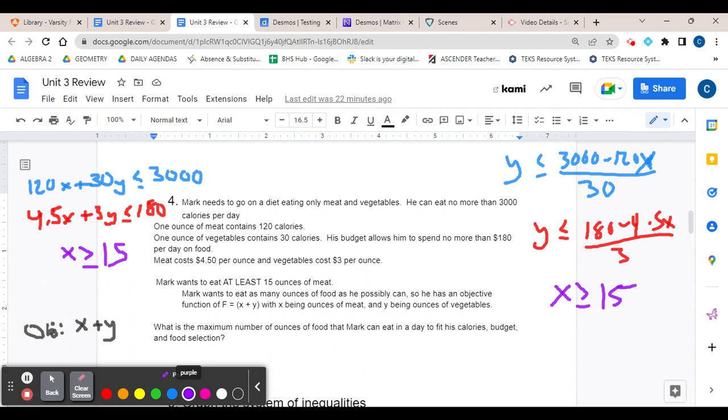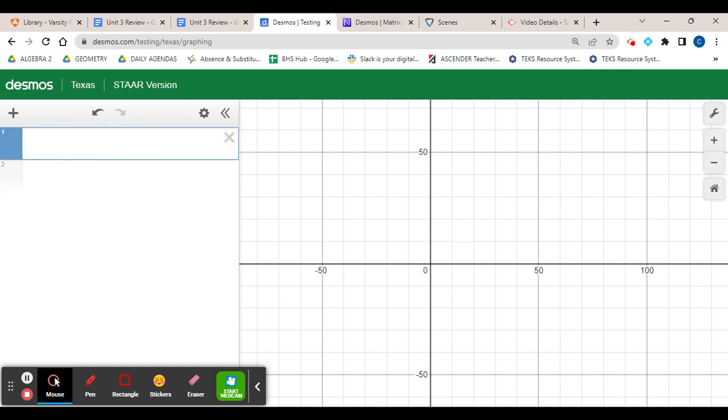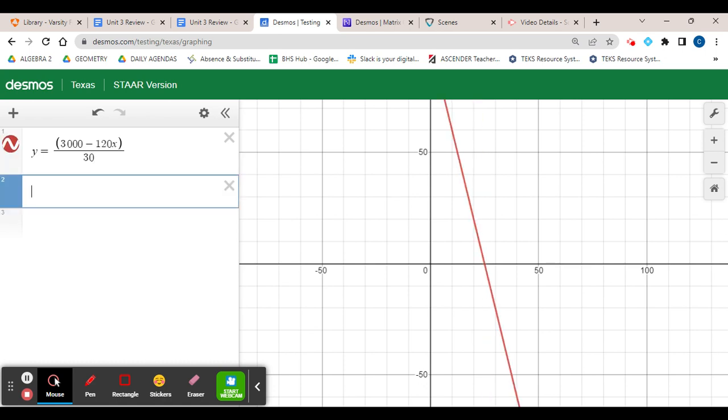Okay. Remember, graphing these in Desmos, we have to put equals into this thing instead of the greater than or equal to. So let's go take care of this real quick. So we're going to have y equals parentheses 3,000 minus 120x all over 30.